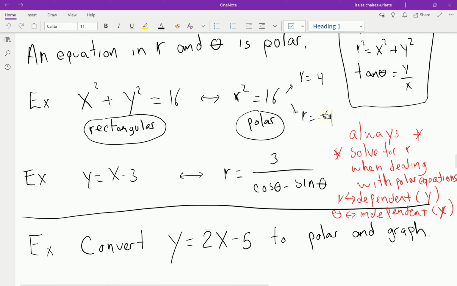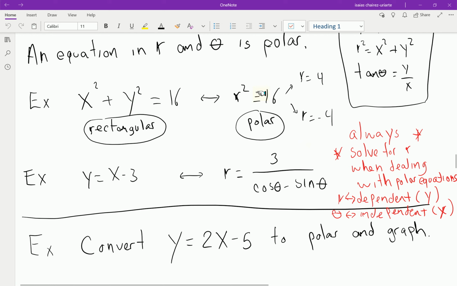So I put a little warning here. Always solve for r whenever you're changing a rectangular equation to a polar one. And also, in rectangular equations, we're used to x being the independent variable and y being the dependent variable.